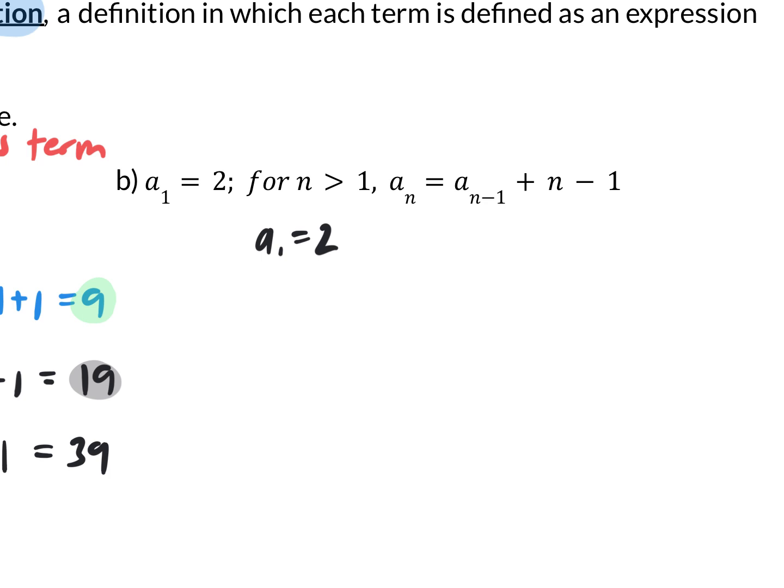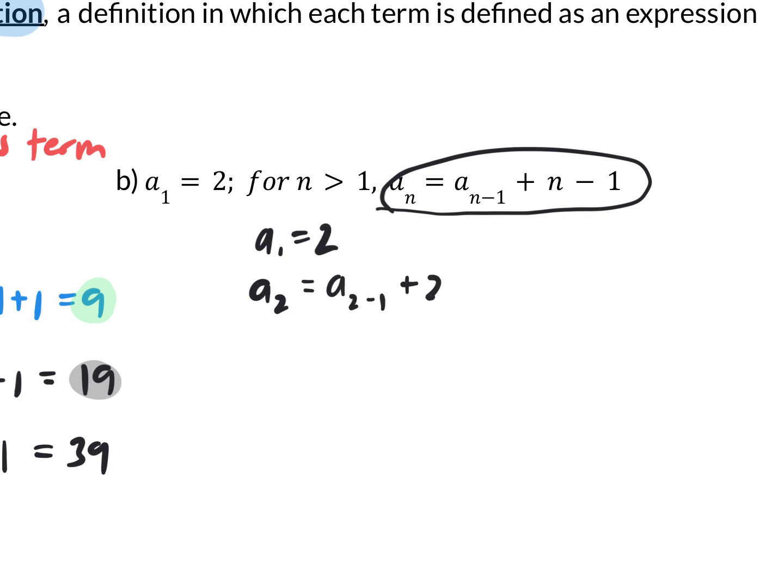Now my equation over here says that I'm taking my previous term, I'm adding n to that, and then I'm subtracting 1. So if I was looking at a sub 2, if I plug in 2 where I see n, I have a sub 2 minus 1 plus 2 minus 1, which is the same as a sub 1 plus 2 minus 1.